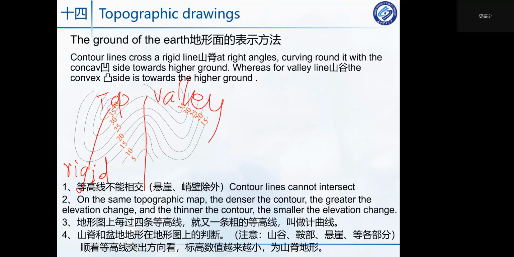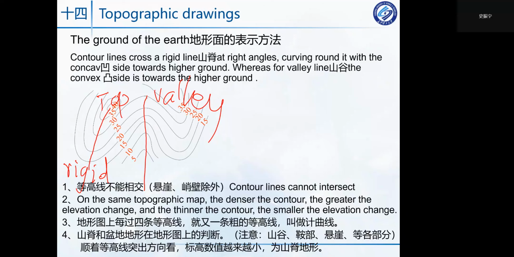So these are very common shapes on the ground. You can think about it: this is a top, this is a ridge, and this is a valley.